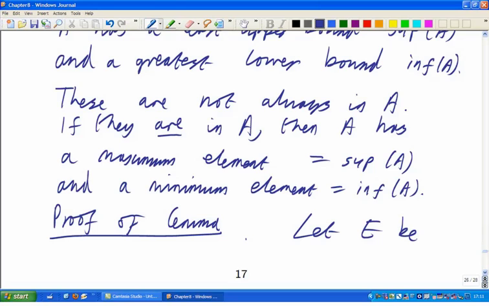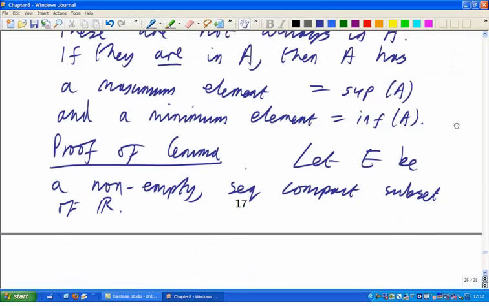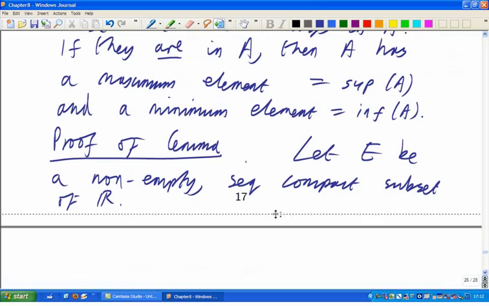So let E be a non-empty sequentially compact subset of R. Then we know by the Heine-Borel theorem E is closed and bounded.